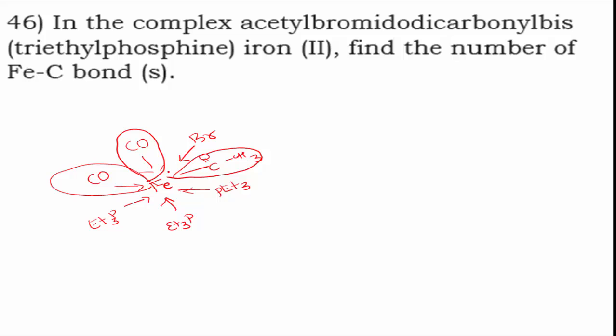Therefore, the correct answer for this question is 3. It's a numerical question, so you write the answer like this: answer equal to 3, because the structure contains 3 Fe–C bonds.